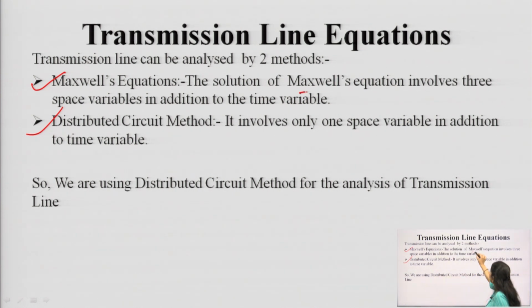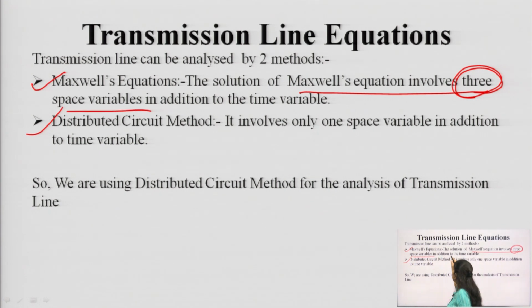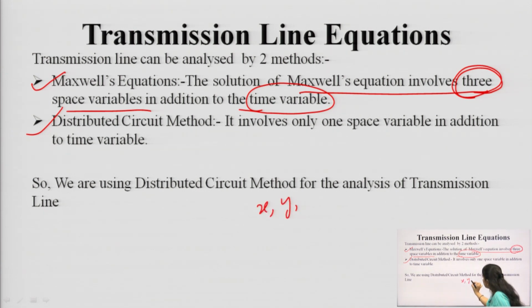Because the solution of the Maxwell equation involves three space variables in addition to the time variable. The space variables x, y, z are basically our space variables.